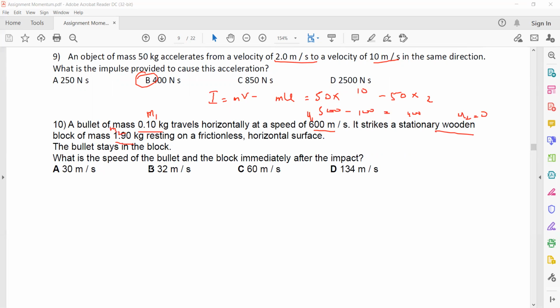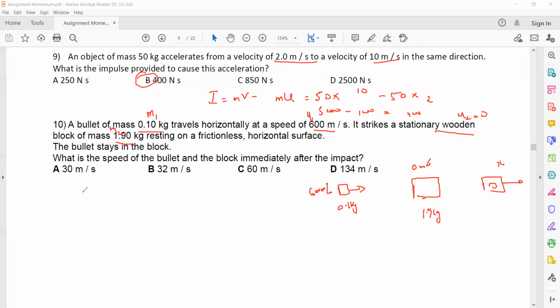And the bullet sticks in the block. The bullet, which has a mass of 0.1 kilogram, moving with a speed of 600 meter per second, collides with a stationary wood of mass 1.9 kg. And then what happened after collision? They stick together, so they move together, so their final speed will be the same.